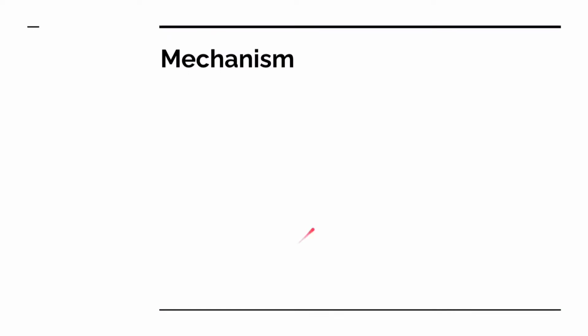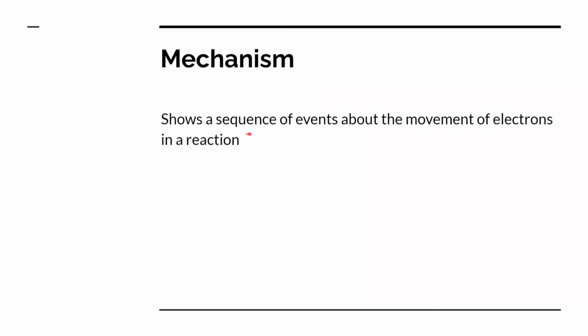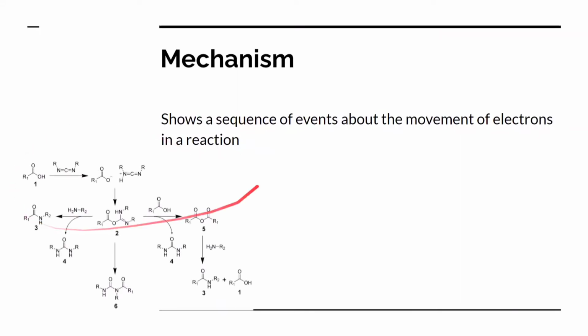And so we'll be looking at the mechanism of a reaction, and the mechanism just shows the sequence of events about the movement of electrons in a reaction. So for example, if we see here, this is a mechanism and it shows the stages of this reaction through the transfer of electrons, the sharing of electrons.